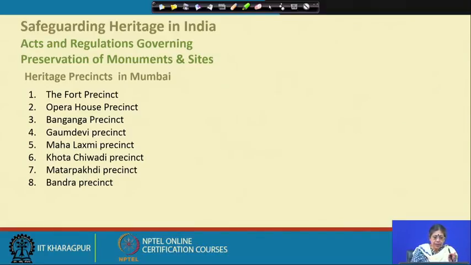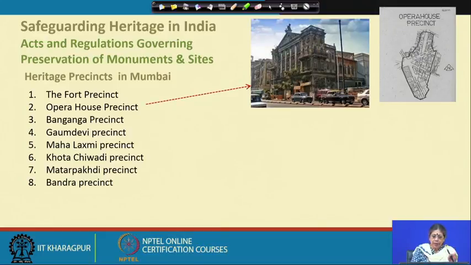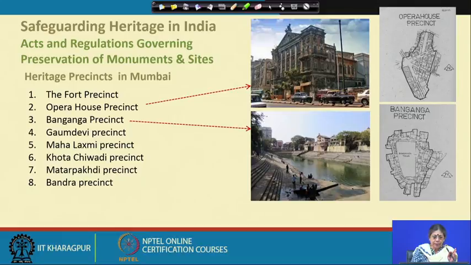So, the Fort precinct, the Opera House precinct, the Banganga precinct, Gamdevi precinct, Mahalakshmi precinct, Kotachiwadi precinct, Matharpacady precinct and Bandra precincts. Each one of these areas has a special character, special issues, special challenges, special types of activity.